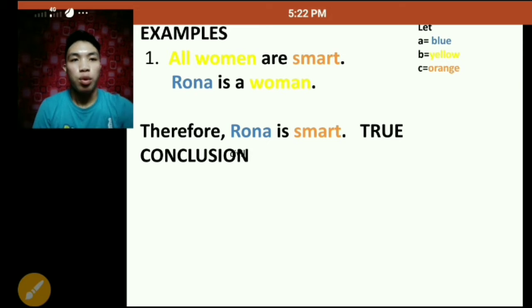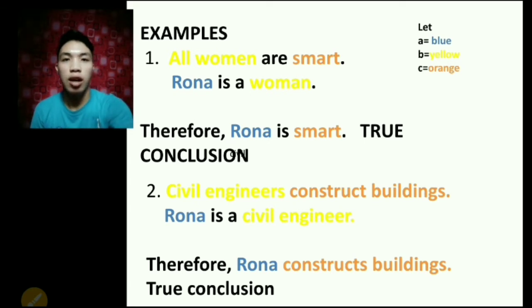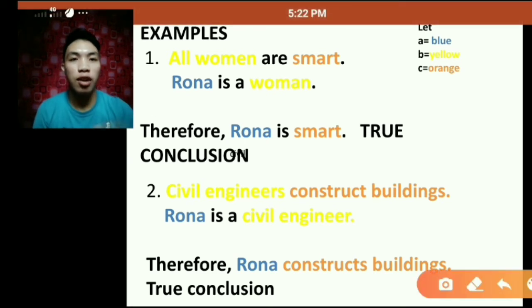The next one, we have another example. Civil engineers construct buildings. Rona is a civil engineer. Therefore, Rona constructs buildings. Let's check if it covers the first criteria.